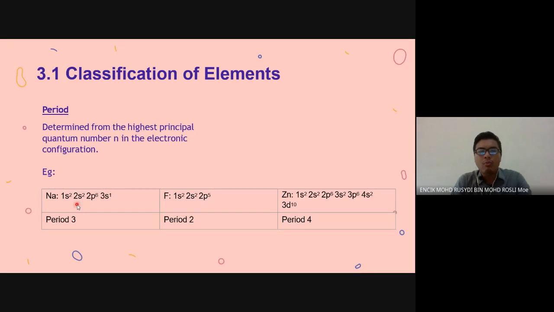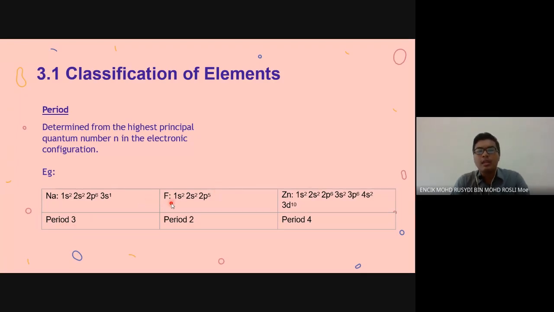Kita tengok nombor yang di hadapan huruf tu, 1, 2, 3, kita tengok yang paling tinggi. That will determine the period of that element. So in this case, sodium nombor paling tinggi 3, jadi dia punya period adalah period 3. Alright?